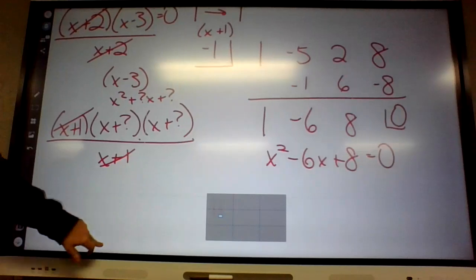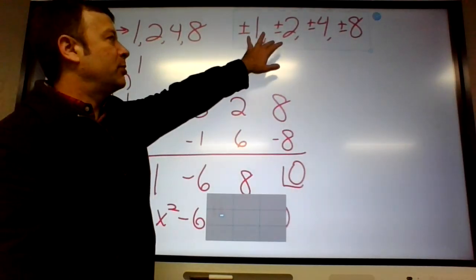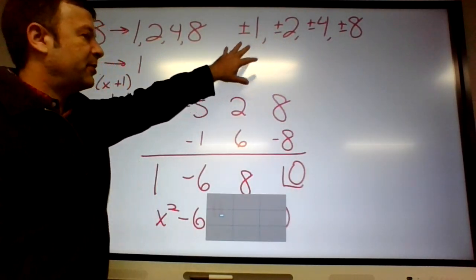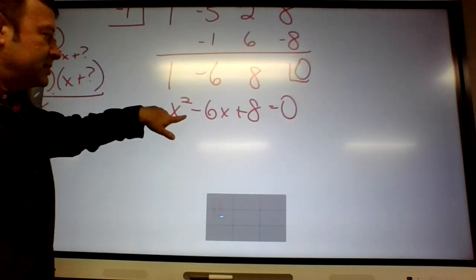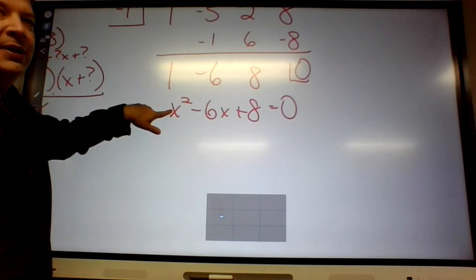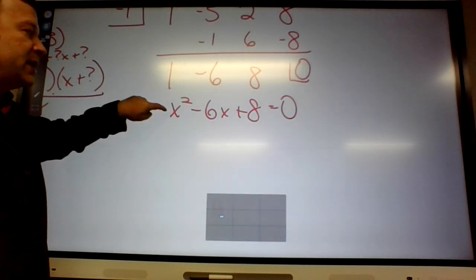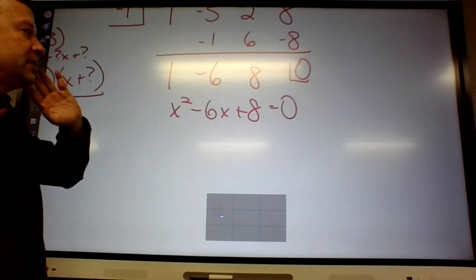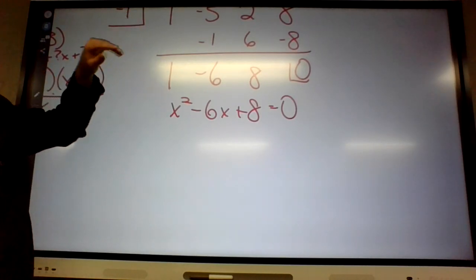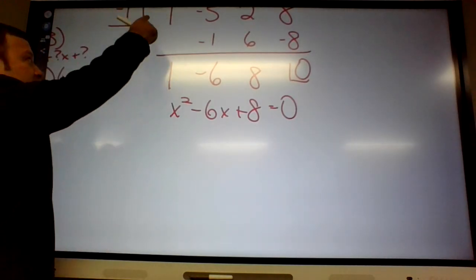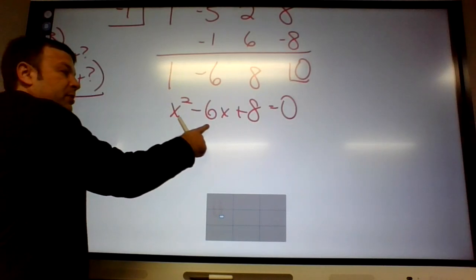I don't need to use the rational root theorem anymore. I don't need to use these, although I could, because this is an x squared and I know how to factor it, or I know how to do the quadratic formula. So once you get it down to x squared, like the last two, you don't need the new trick of the rational root theorem. You can just do old tricks.